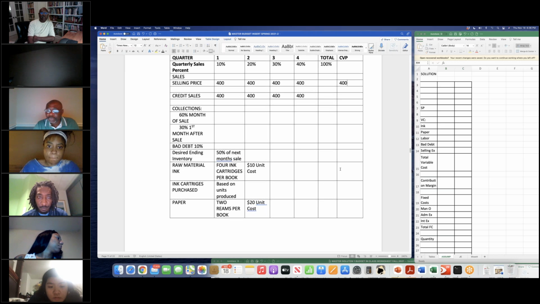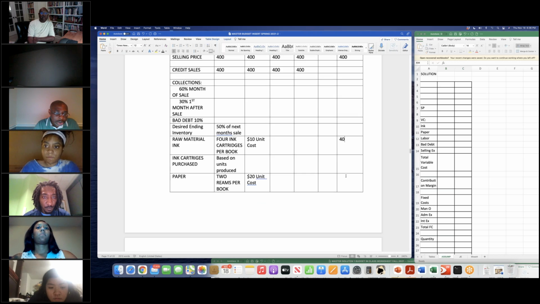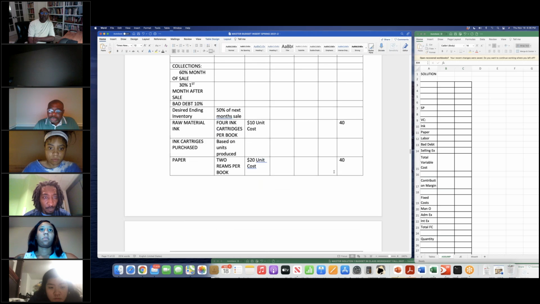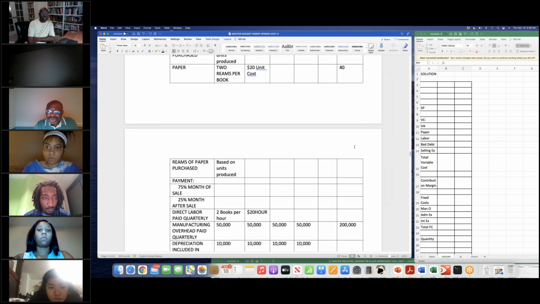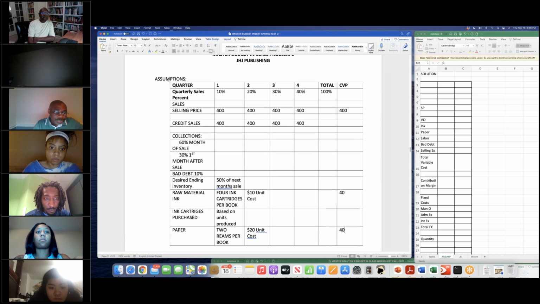How much is the raw materials ink going to be? That's 40. How much is the paper going to be? 40. I guess we do need a bad debt in here. How much is that going to be? That's 40.